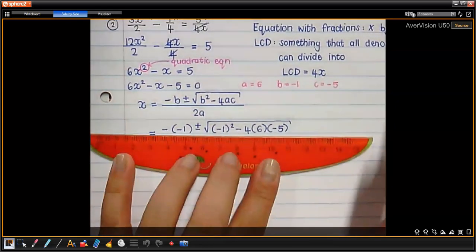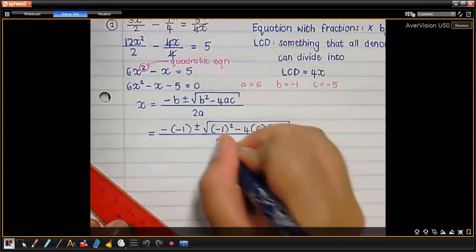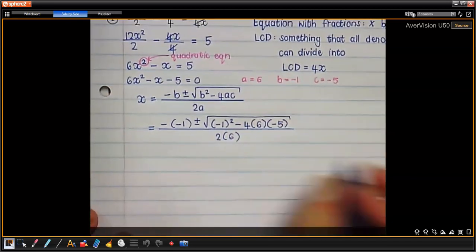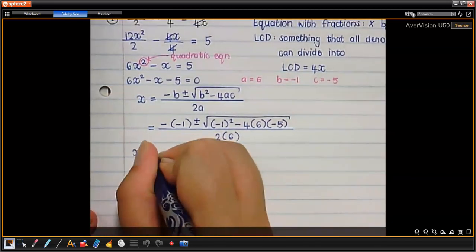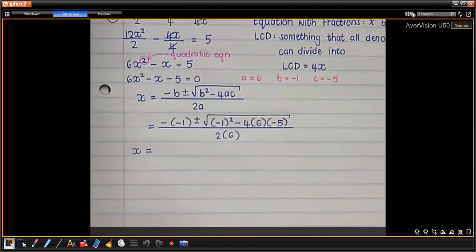That is all over 2a, which is 2 times 6. And then we can type that into the calculator. So you're going to have to tell me what these answers are.